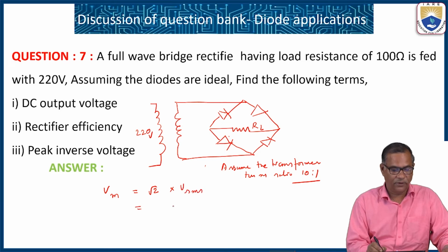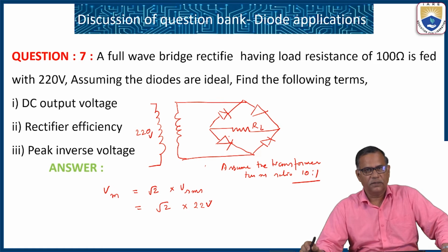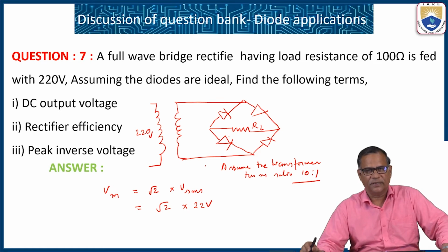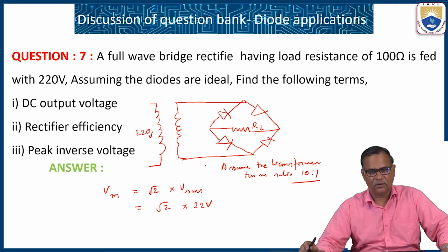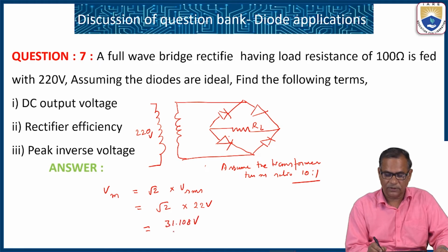So what is the RMS value? It is given as root 2 into 22 volts, because we have assumed that it is a step down transformer with a turns ratio 10:1. So Vm is equal to 31.108 volts.